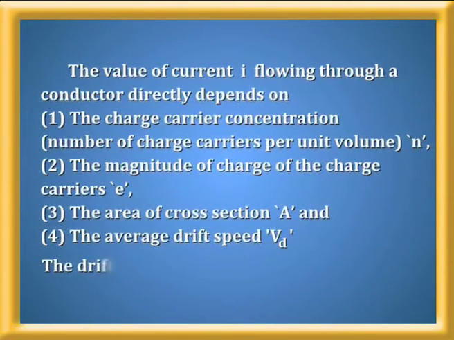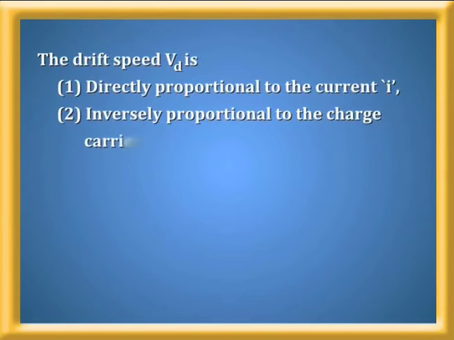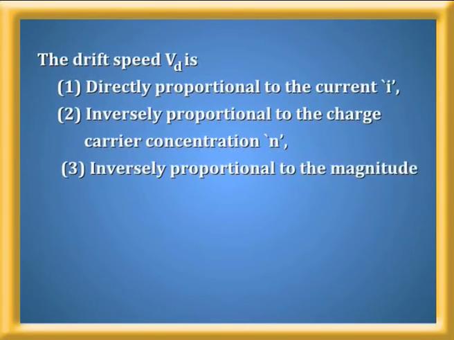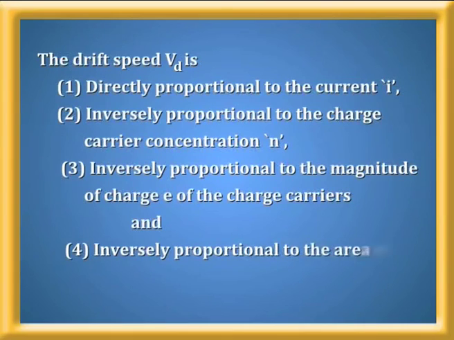We have the drift speed given by Vd equals I by n e A. The drift speed Vd is number 1, directly proportional to the current I, number 2, inversely proportional to the charge carrier concentration n, number 3, inversely proportional to the magnitude of charge e of the charge carriers, and number 4, inversely proportional to the area of cross section A.